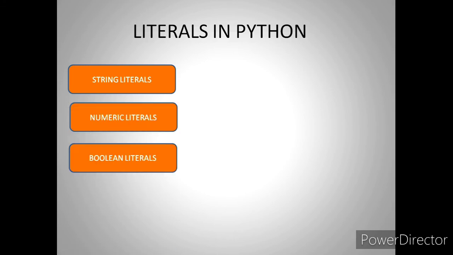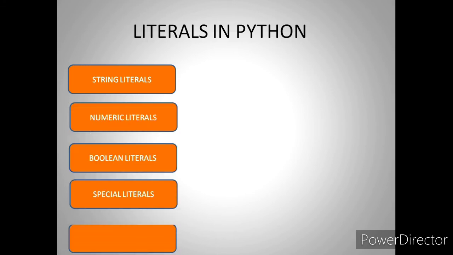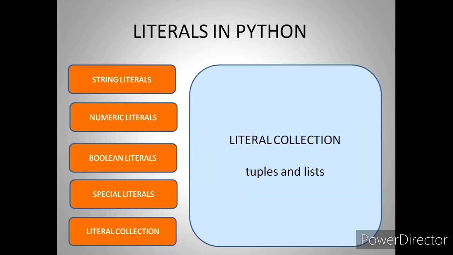We have discussed Boolean and special literals, then we have literal collections. This is for a future class. Literal collections are tuples and lists. If we start discussing these too, this is an entire single topic. Tuple is a single topic, list is also a topic.